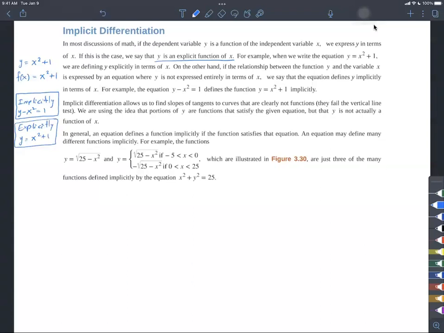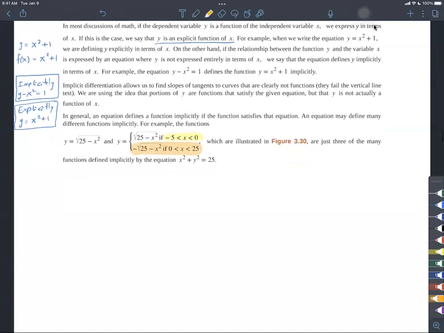For example, the functions y equals the square root of 25 minus x squared, and y equals the square root of 25 minus x squared if x is between -5 and 0, and negative the square root of 25 minus x squared if x is between 0 and 5, which are illustrated in figure 3.30, are just three of the many functions defined implicitly by the equation x squared plus y squared equals 25.